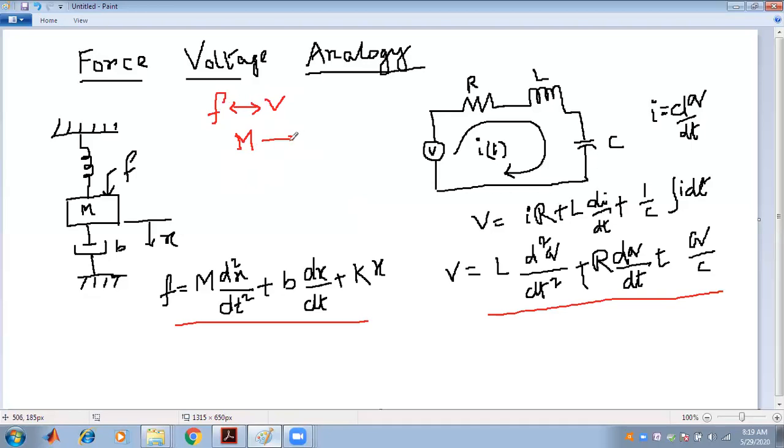Mass can be replaced by inductor or inductor can be replaced by mass. And B is equivalent to R, and vice versa.